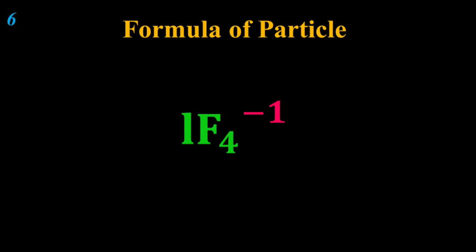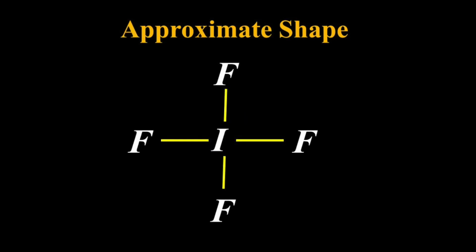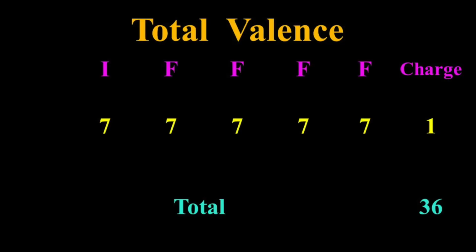Okay, next we have iodine tetrafluoride with a -1 charge, and that's what we're going to approximately put. We'll calculate our valences, and it's going to be right away 35. That should be fairly quick, but 35 shouldn't make sense to you because that's an odd number.